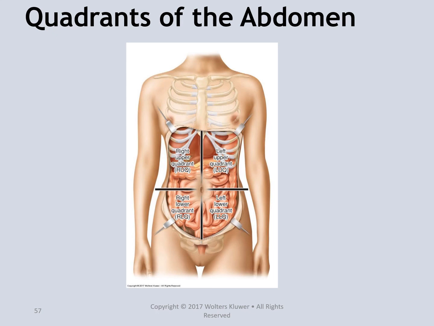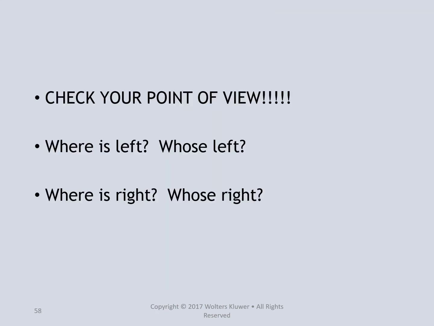And that is a lot faster if you need to be quick about diagnosing, saying your patient has pain, say, in their right lower quadrant, or your patient has pain in their right upper quadrant. Like I mentioned before, make sure that you're paying attention to point of view. Who's right? Who's left? Make sure that you are always labeling on the patient's right and the patient's left.